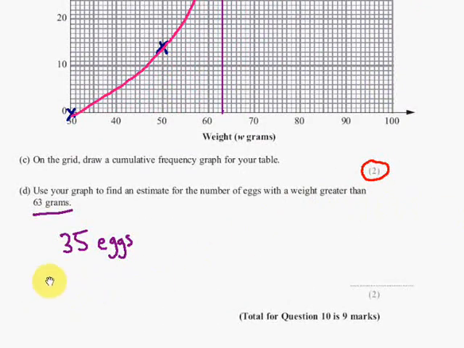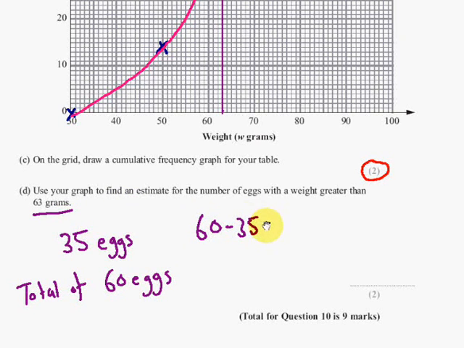Total of 60 eggs. Then the rest of the eggs must be greater than 63 grams. Okay, so 60 take away 35 is 25, and that is the final answer. So 25 eggs have a weight greater than 63 grams.